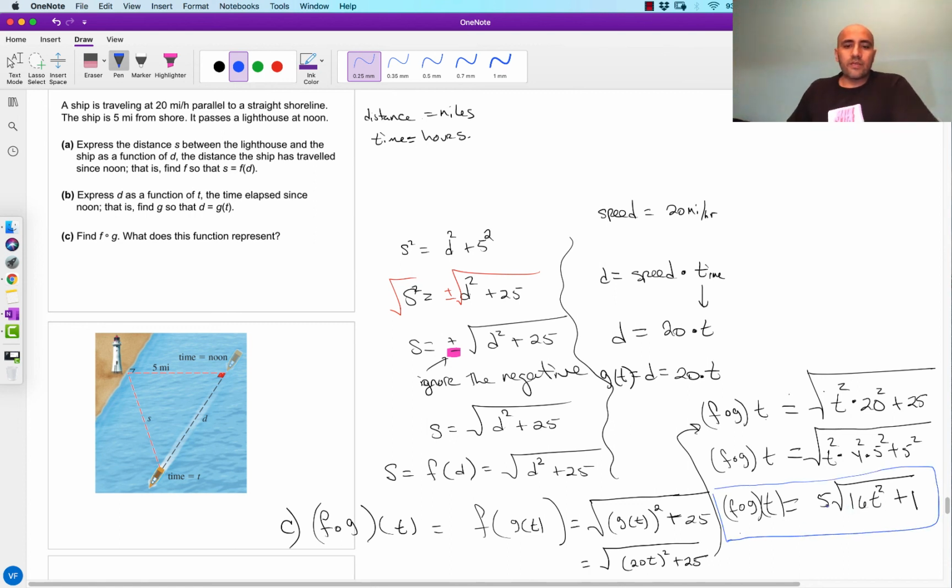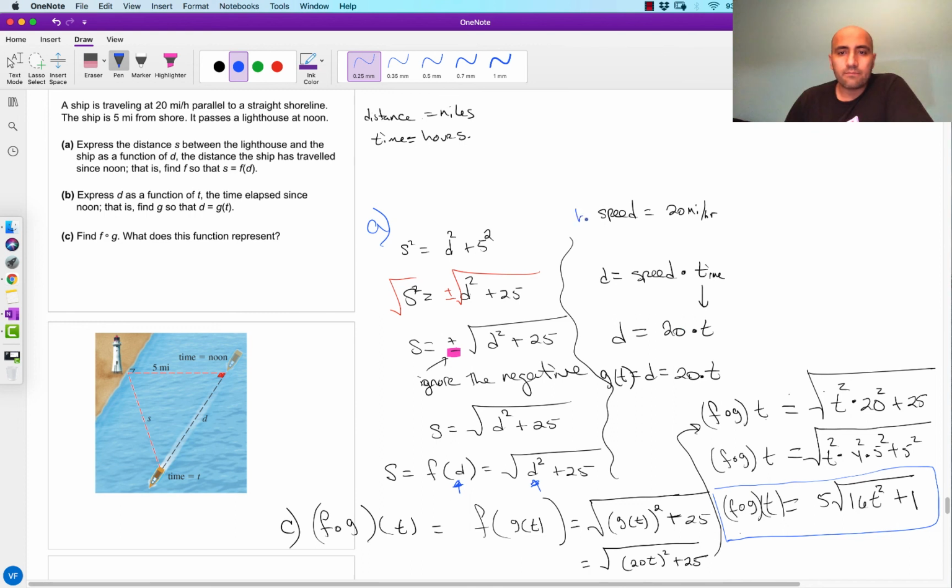Okay, so what did we get? For part A, we were able to find a function that described the distance from the lighthouse to the boat as a function of the distance it had traveled horizontally. The input was the distance traveled, and the output was the distance to the lighthouse.